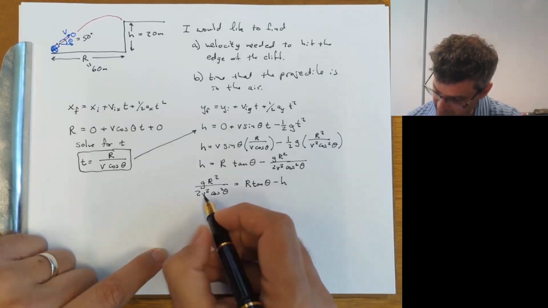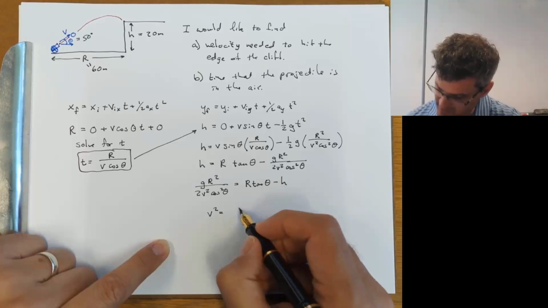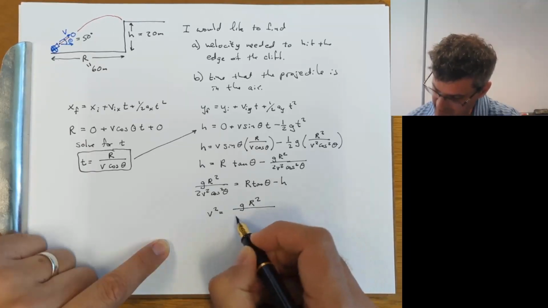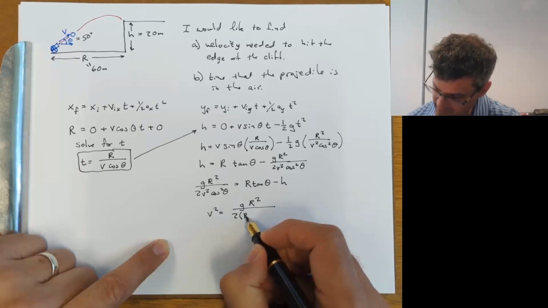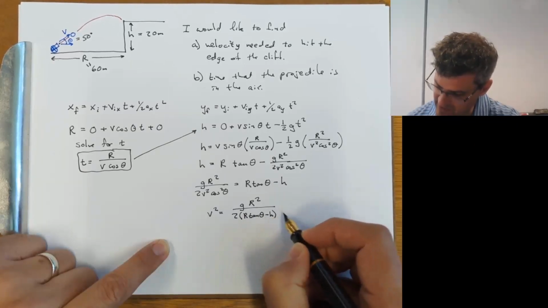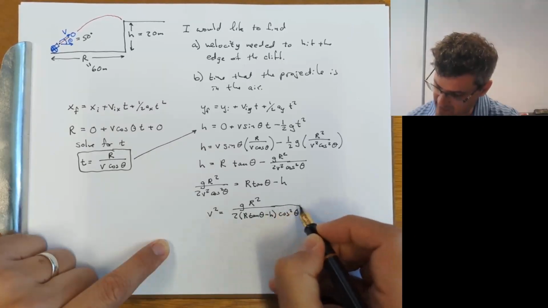Okay, well, I'll just swap these two things out. V squared is going to be equal to g r squared over 2 times r tangent of theta minus h times cosine squared theta.